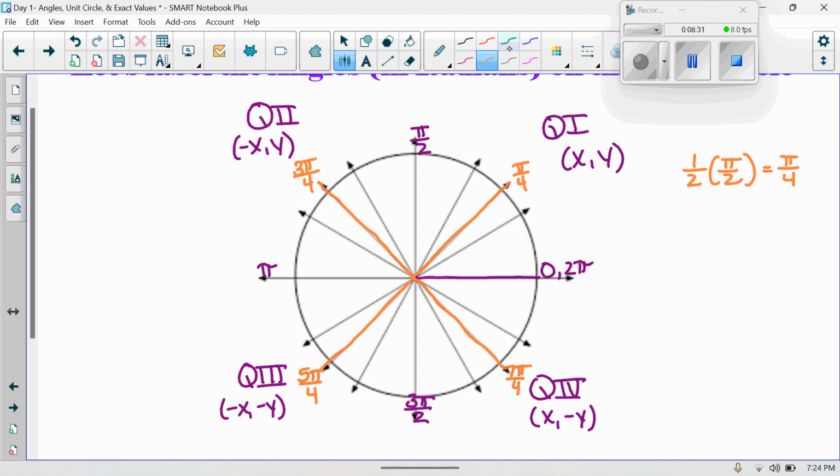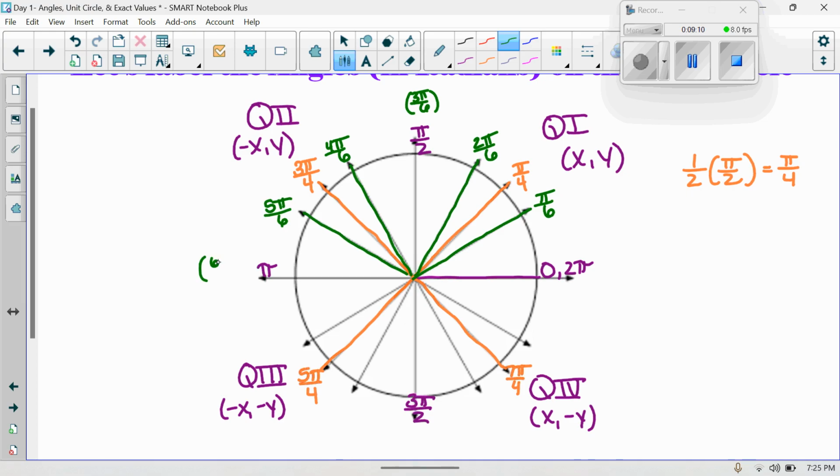Next, I'm going to count my pi over 6s. So pi over 6 is right here. After 1 pi over 6 comes 2 pi over 6. We'll reduce these later. Then comes 3 pi over 6, which would be up here because 3 pi over 6 would reduce to pi over 2. Then comes 4 pi over 6. Then comes 5 pi over 6.